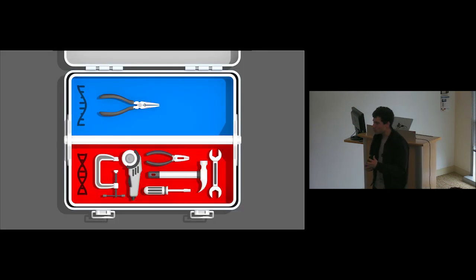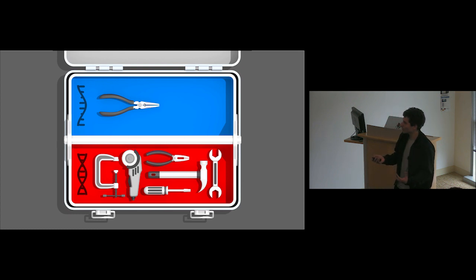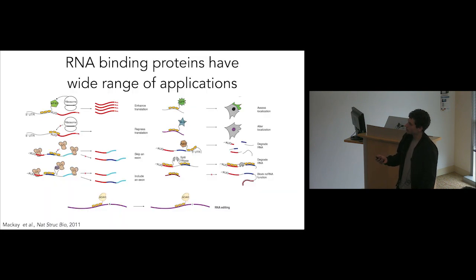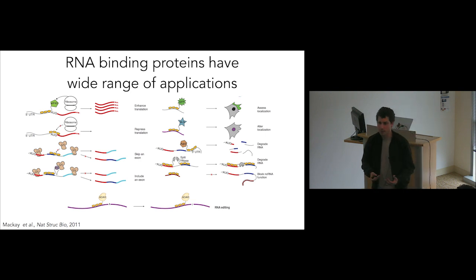So this is, we see as kind of the start of a toolbox of RNA tools. So with DNA binding CRISPR tools, you can do a lot of things. You can cut, you can image, you can change expression. And now hopefully we're starting to add to the toolbox. So these represent cutting, but there's a wide range of applications.